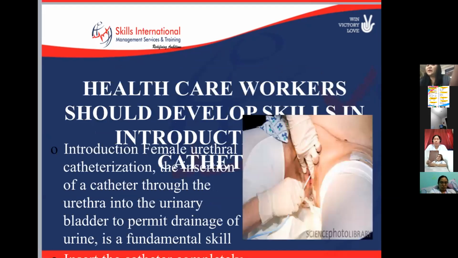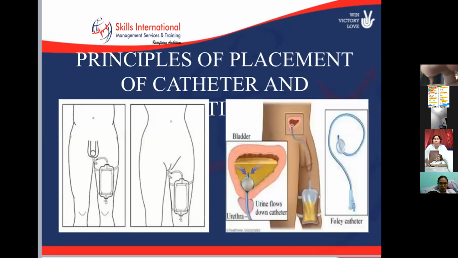Now, a healthcare worker should develop skills in introducing catheterization. Female urethral catheterization is the insertion of a catheter through the urethra into the urinary bladder to permit the drainage of urine, as a fundamental skill.